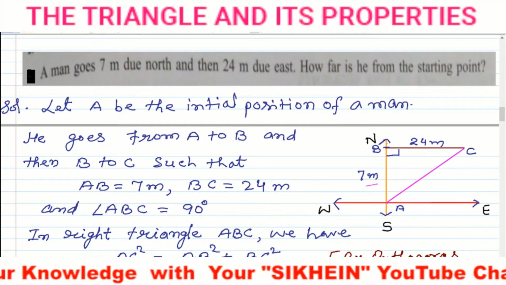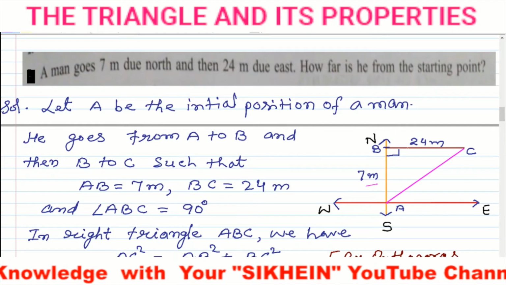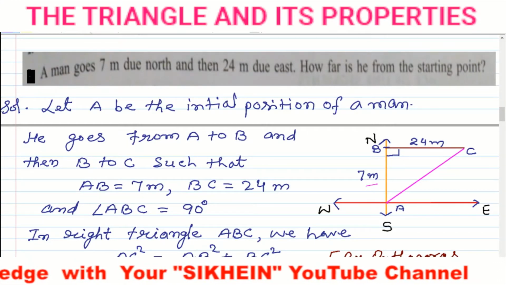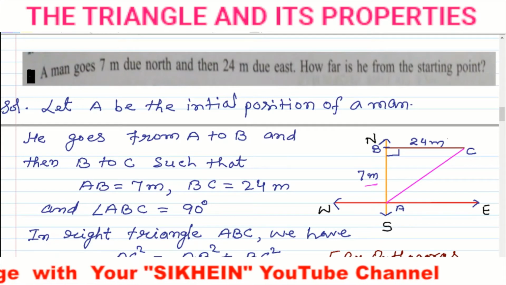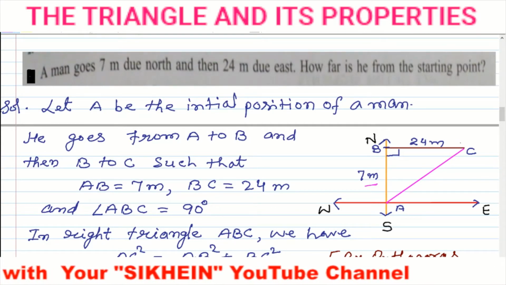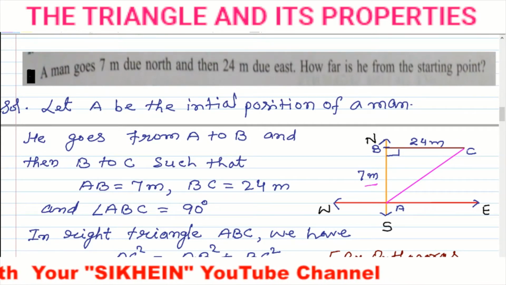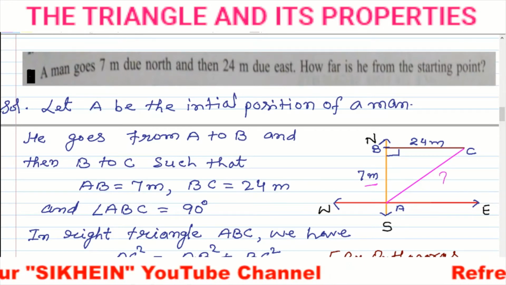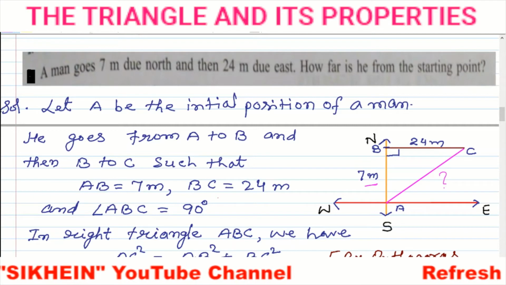After that he goes 24 meter. Here is the 7 meter, here is the 24 meter. Then join this one, C to A. We get here the hypotenuse, that is the longest side, right?